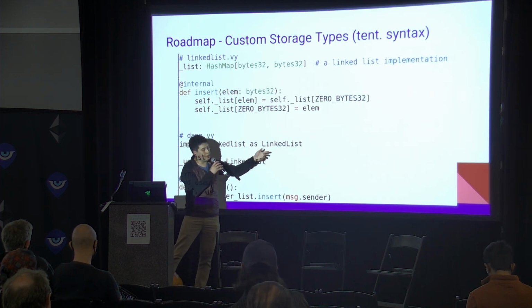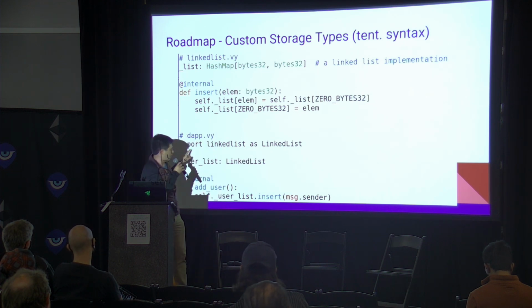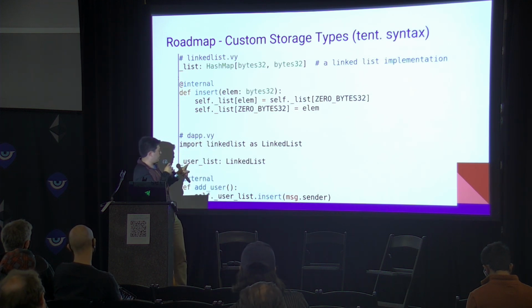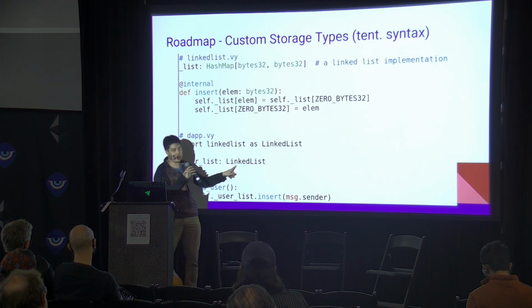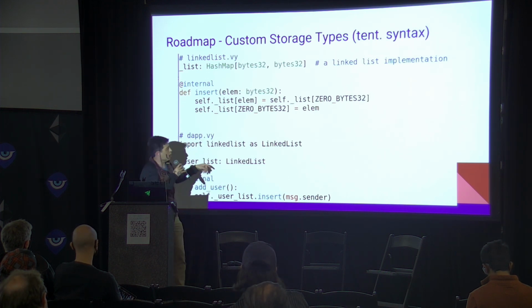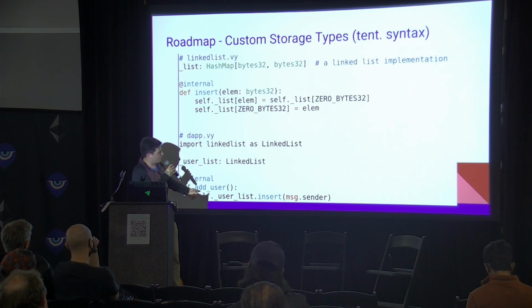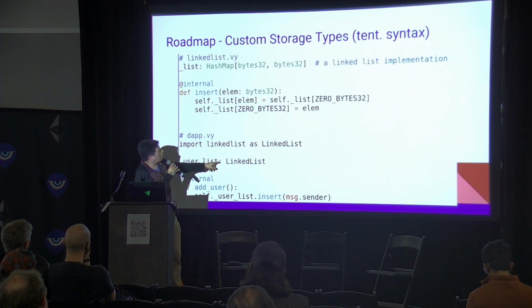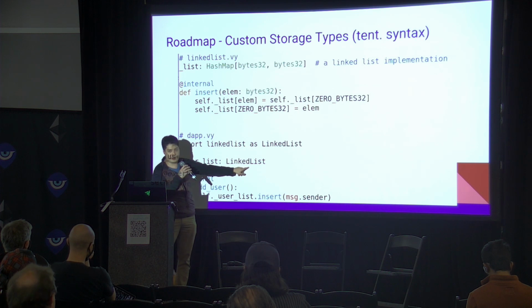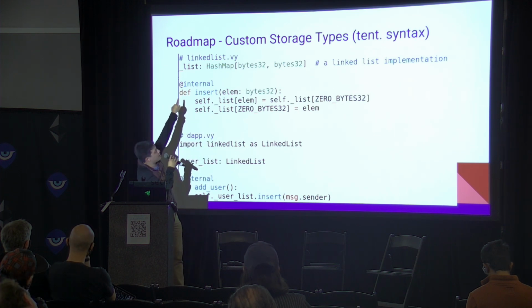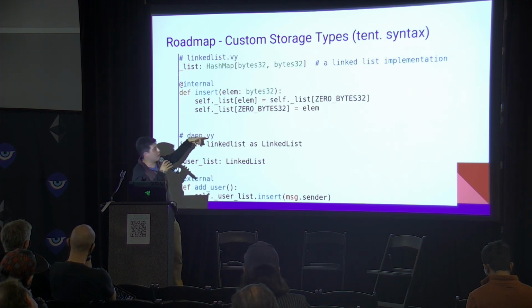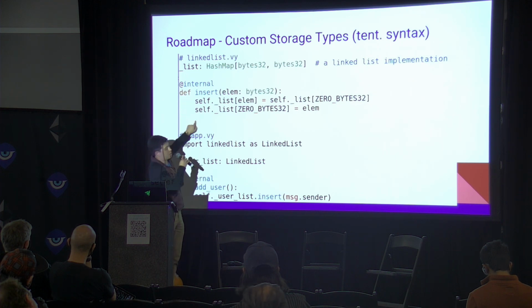It's almost like an internal contract. And then you can create a storage variable which has this type that you defined. And then you can call functionality on this. And you can't access this underscore list variable. All you can do is access it through this functionality which you've defined.